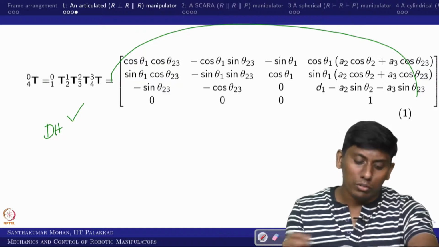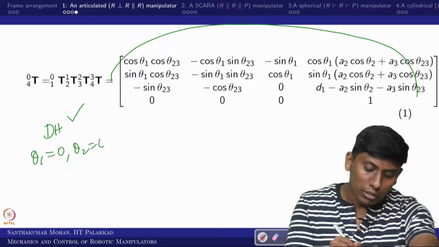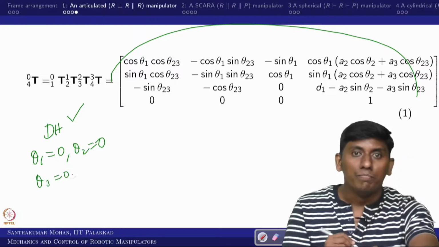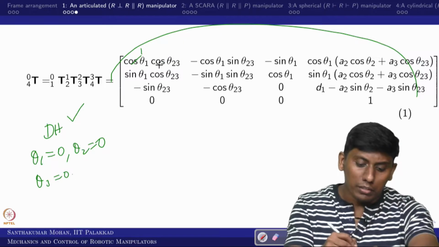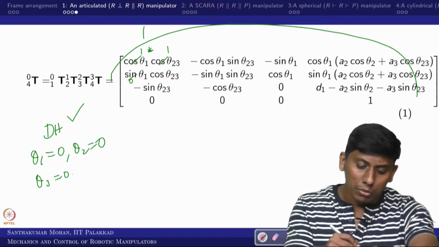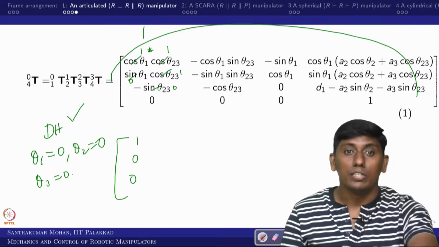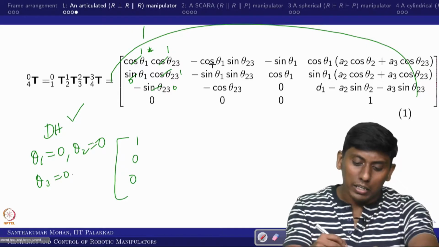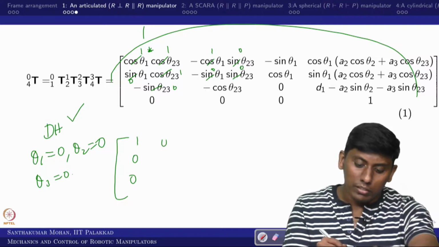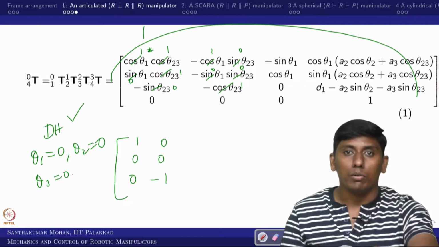So how can we substitute? Substitute theta 1 equal to 0, theta 2 equal to 0 and theta 3 equal to 0. This becomes 1, this becomes 1, 1 multiplied by 1 is 1, and this becomes 0. You can see this gives 1 0 0, this is matching. Now here, this is 0 0 and this is 1 but there is a minus, so minus 1, this is also matching.